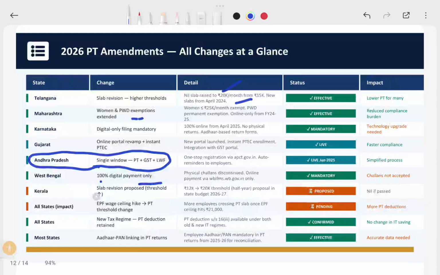In Kerala, the slabs are increased, and there is a proposal in Kerala, which is still not there. And the EPF wage ceiling limit change to the PF threshold limit will be applicable in all states. More employees cross the PTEC slab once the EPF ceiling hits 21,000. So to streamline these PT and PF acts, they are changing these threshold limits to PF limits.